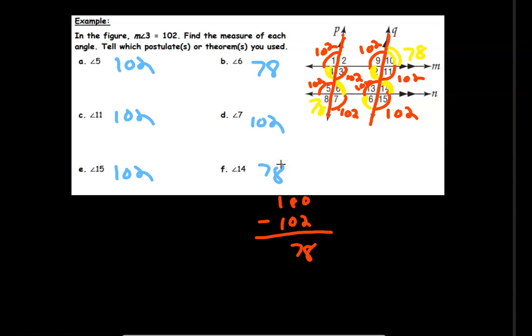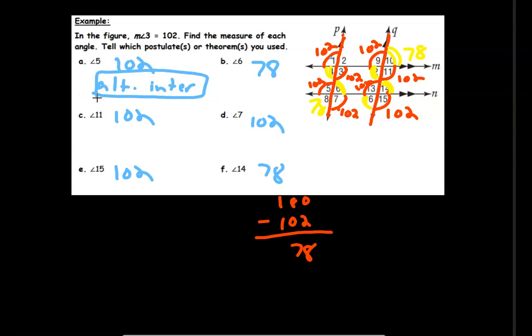And it says state the theorem that goes with it. Angle 5 is 102 because 3 and 5 are alternate interior angles formed by parallel lines cut by a transversal. I'm just shortening that, saying alternate interior.